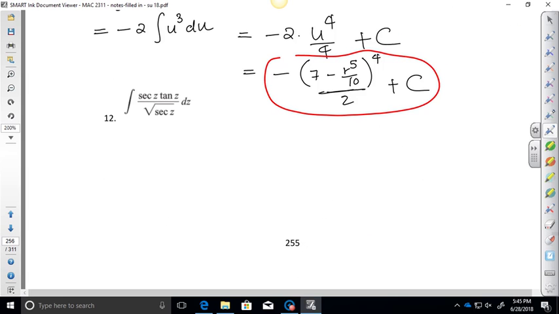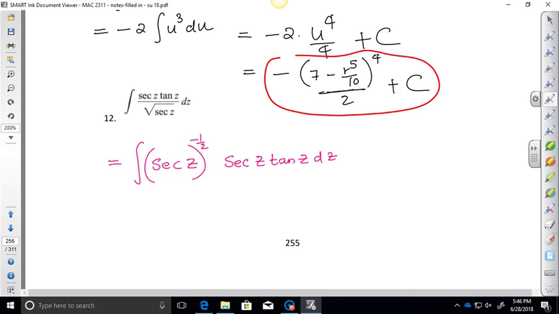This one, we can write as the integral of secant z to the negative 1/2 times secant z tan z dz. Do you see the composite function? Obviously, it is secant z to the negative 1/2.